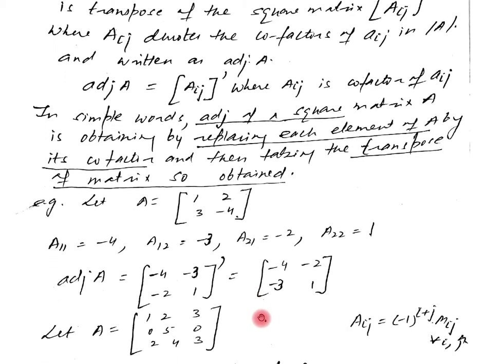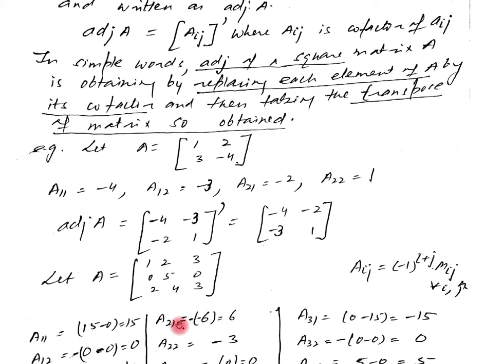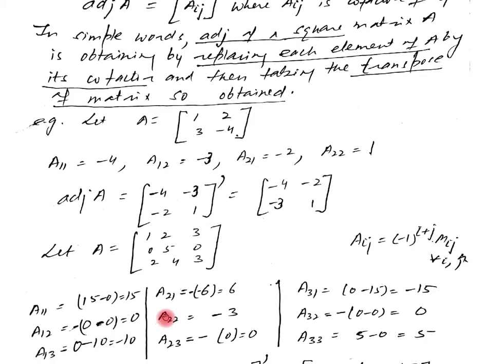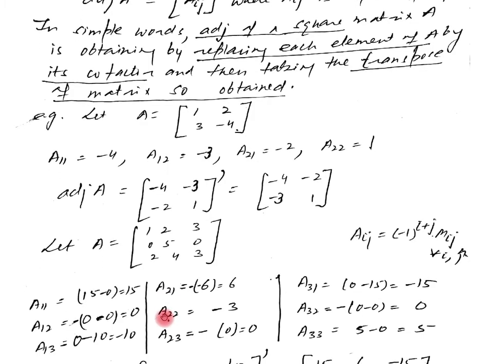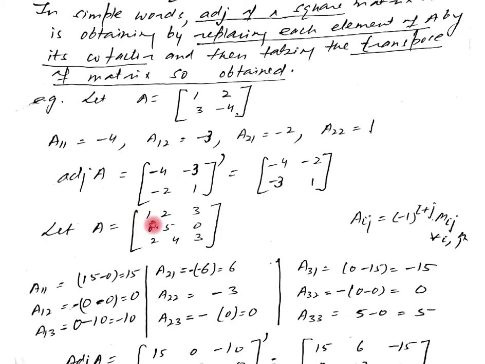So let us consider a matrix of order 3. Again we have to find out the cofactor of each element. Consider first the element A11. Hiding this row and this column, we are left with 5 times 3 is 15 minus 0, which equals 15. Then A12.